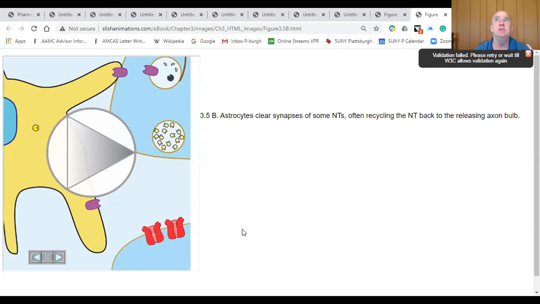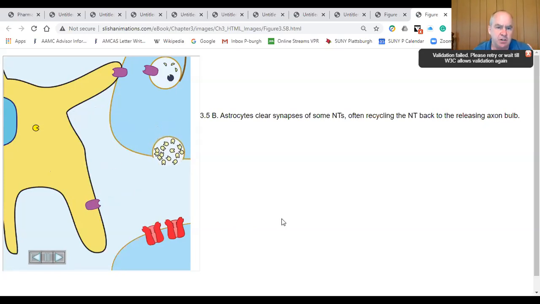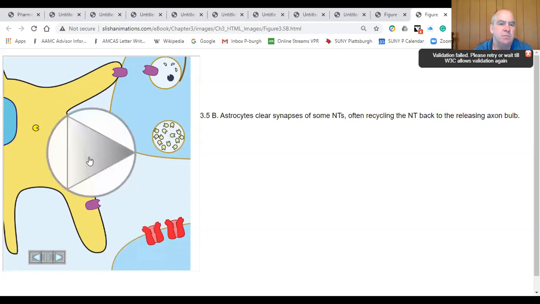Okay, glycine and glutamate. So what happens is after it's released, it activates that postsynaptic membrane and gets taken up by these astrocytes, which are glial cells, the helper cells. And the glial cells may break it down, but eventually what they're going to do is ship it back into the presynaptic membrane, and then it gets recycled over here. So you can see in this animation, it's getting transported back into the presynaptic neuron, and here it's being synthesized back into neurotransmitter.